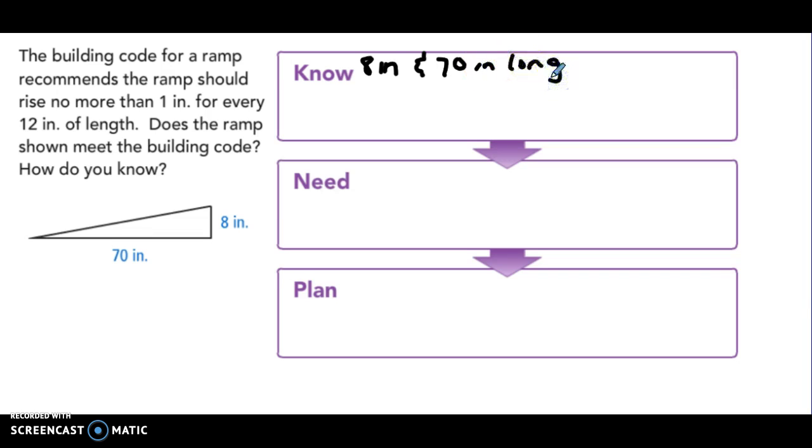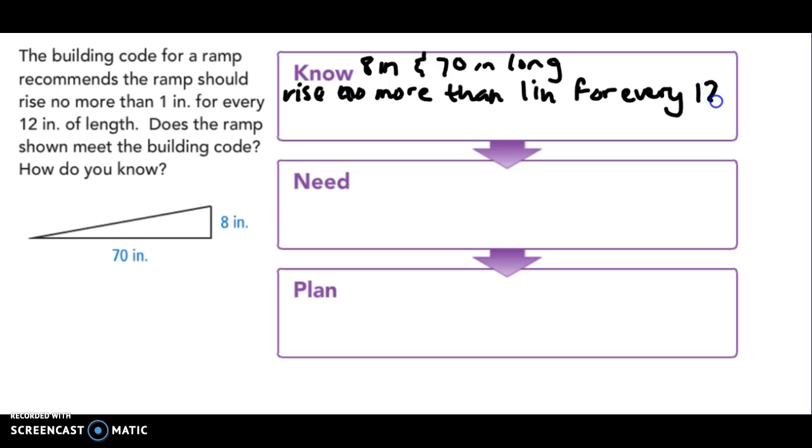And then you also know that it cannot rise no more than 1 inch for every 12 inches.